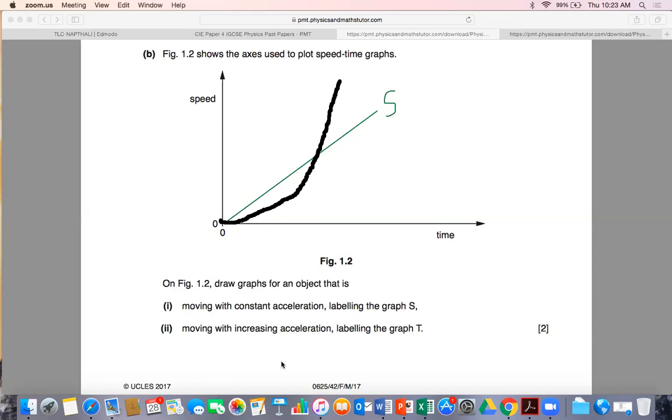Yes, correct. And then you label that T. Quite thick, right? This line. So that will be increasing acceleration. Here it is less steep. Remember just now we talked about less steep and then it becomes very steep. So the acceleration is increasing. That means the gradient is getting larger.